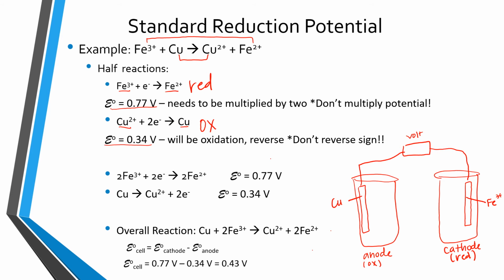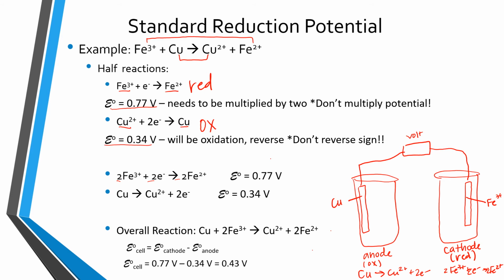So the oxidation reaction, remember, we have to flip that one. So it's copper goes to copper 2+ plus 2 electrons. And then iron 3+ plus an electron makes iron 2+. We had to multiply the iron one through by 2 to make our electrons cancel out.